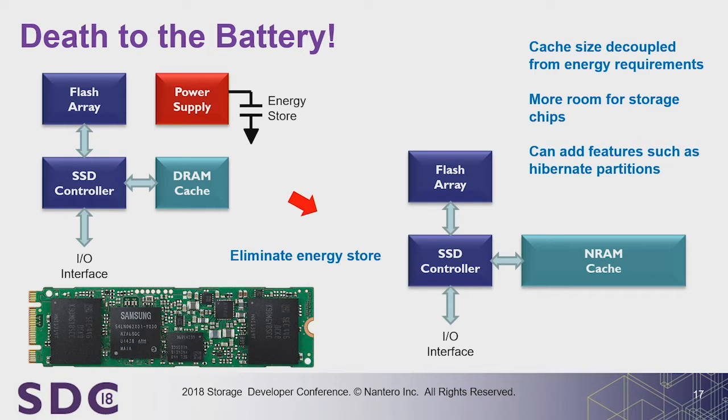That formula is not driven by performance optimizations. It's driven by how many capacitors you can fit. Now you're decoupled from that. What if your performance metric said you could do better with 4 gigabytes of cache? Well, now you can do that because it doesn't require any additional energy. So it changes how you think about architecting this.